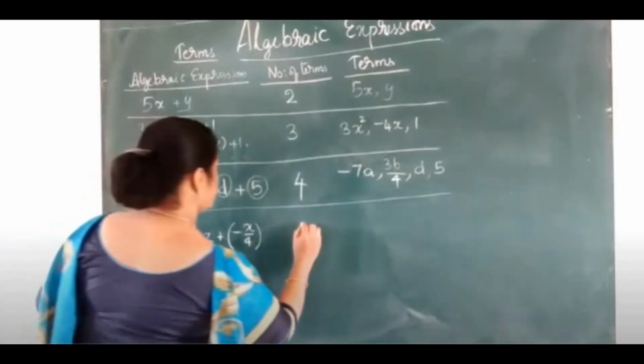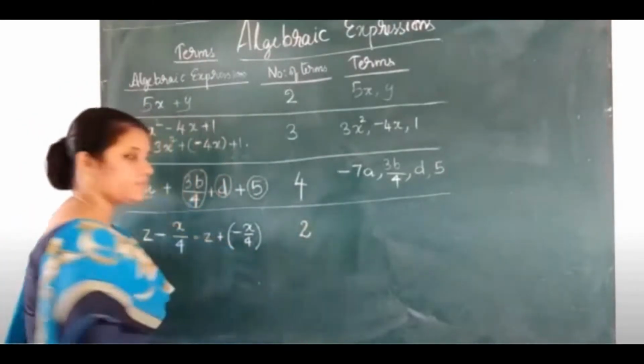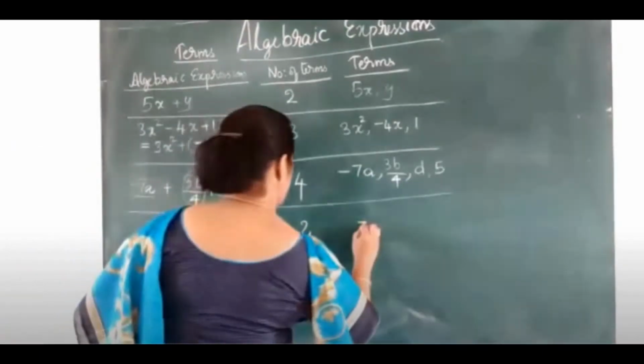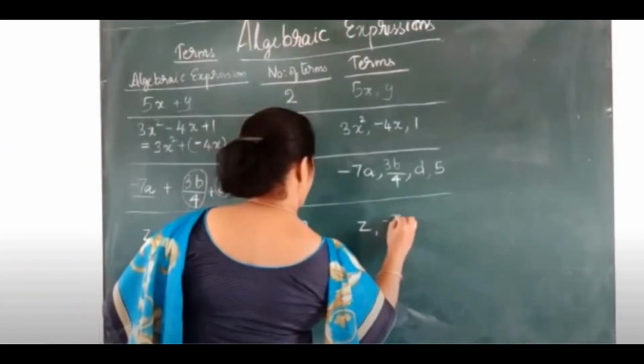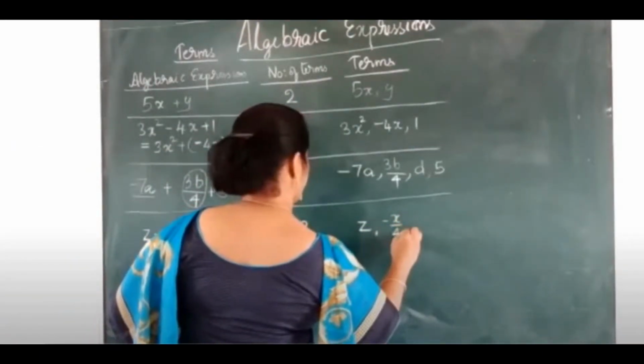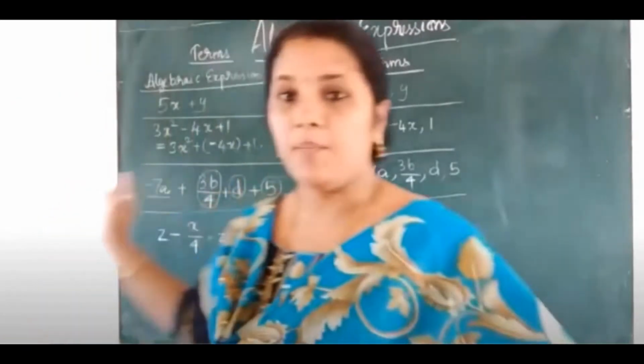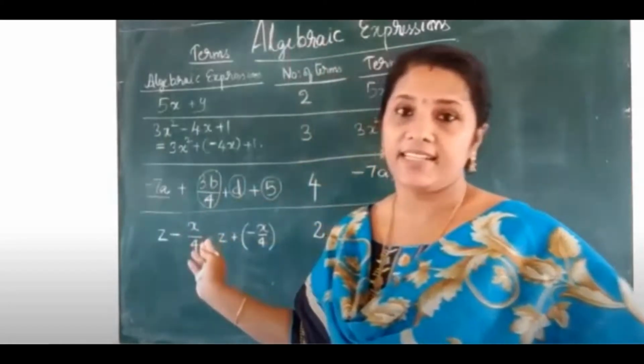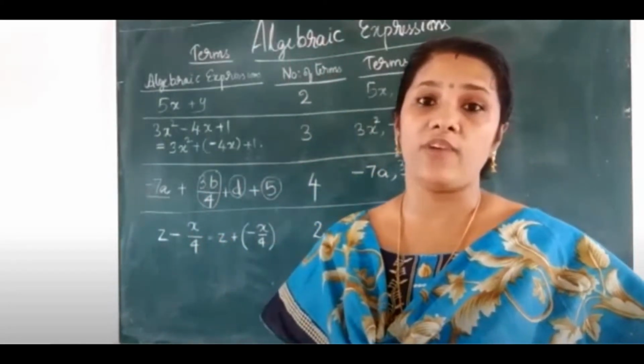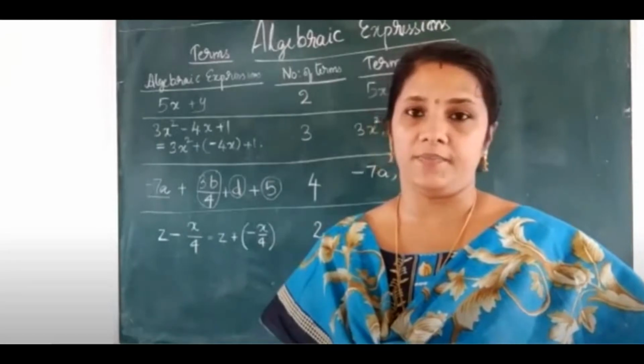So, two terms are here. The terms are z and minus x by 4. So, from the given examples, you must understand what a term of an algebraic expression is.